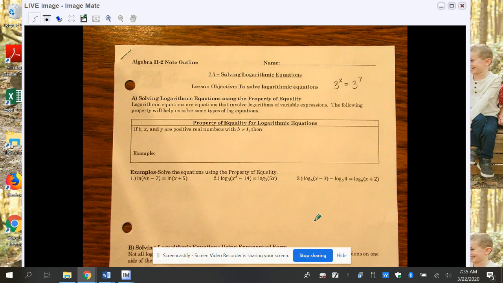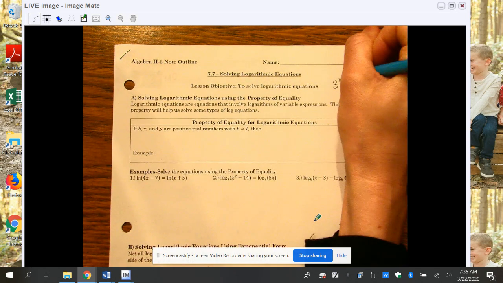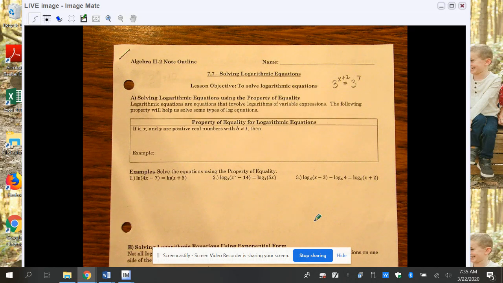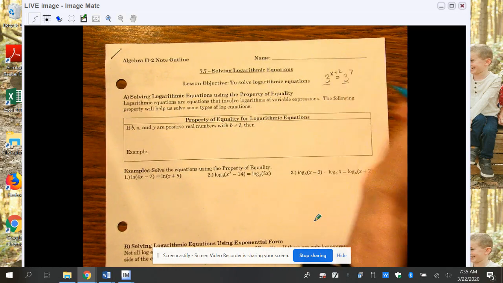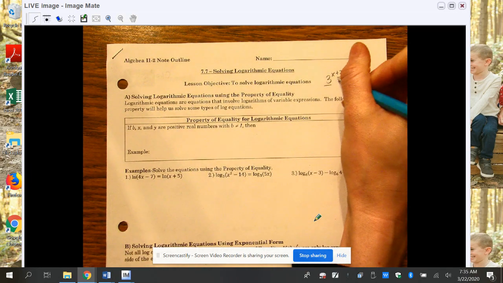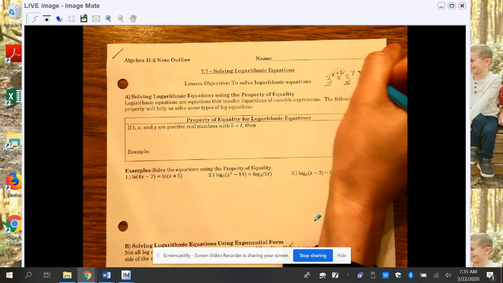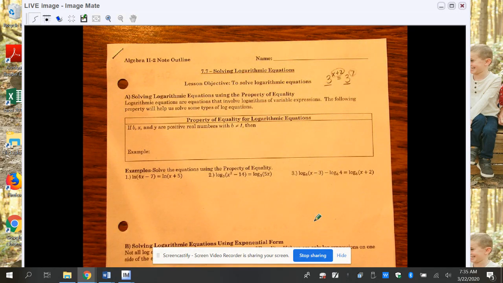You all said 7 super quickly. And then I added a couple adjustments to it. What it boiled down to was if the bases of the exponents are the same, in order for this equation to be true, the exponents themselves had to be the same.